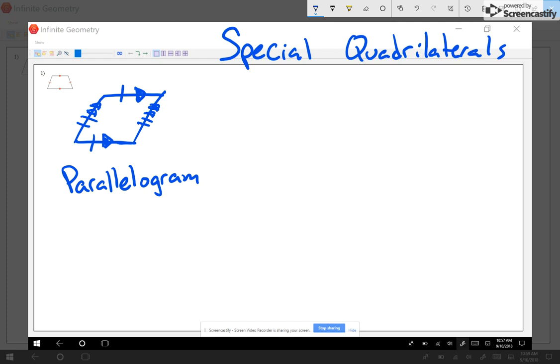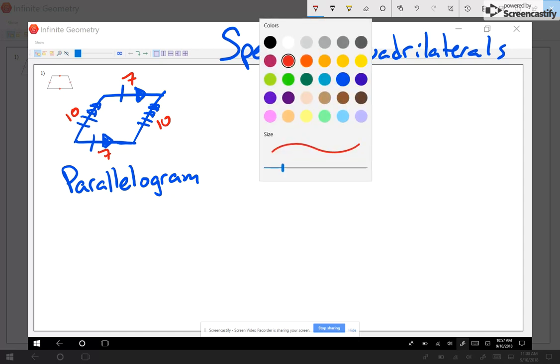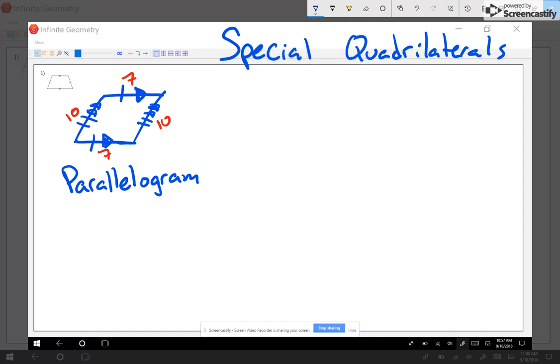That's the word we're going to use a lot. So top and bottom are parallel and congruent. Left and right are parallel and congruent, but not all four. I can do it with the slashes, or I can do numbers. I could say top and bottom are 7, left and right are 10 each. So once again, that's parallelogram.